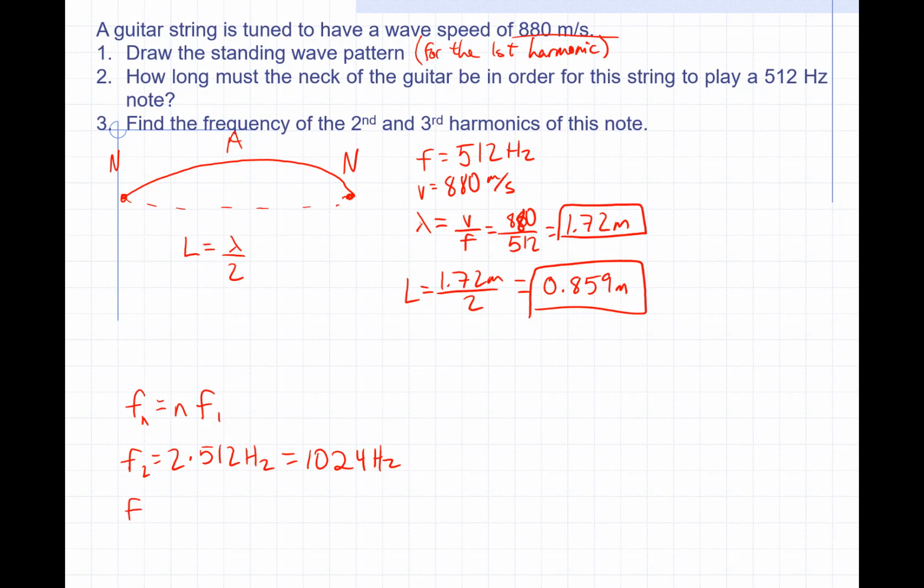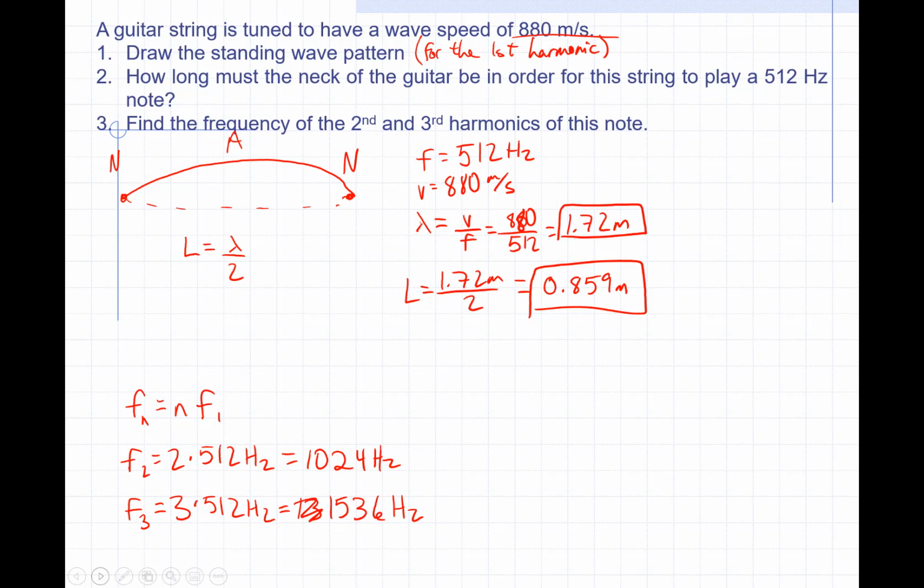And the frequency of the third harmonic is 3 times 512 equals 1536 Hertz.